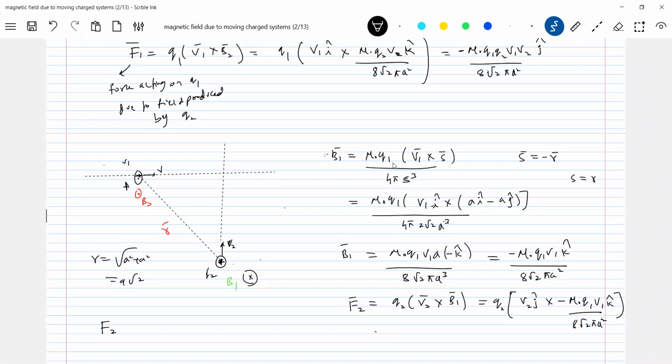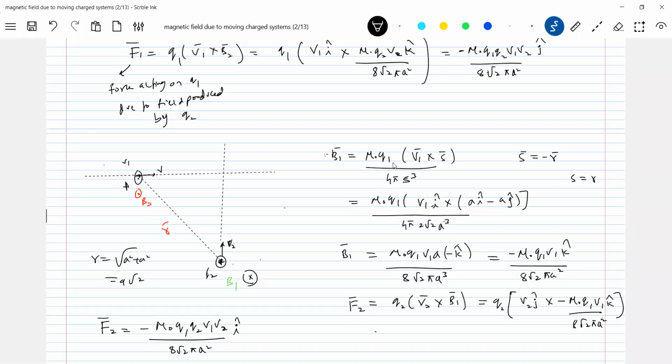Final value F2 should be, and j cross k will be I. So this will be minus of mu naught q1 q2 v1 v2 by 8 root 2 pi a square minus I cap. They're not equal, no? How come?